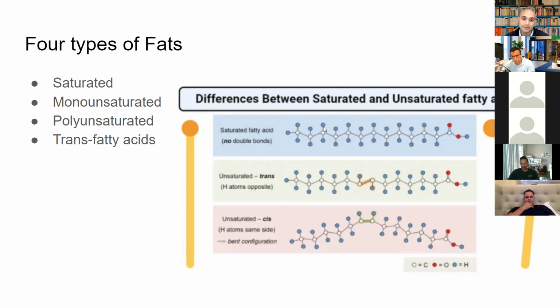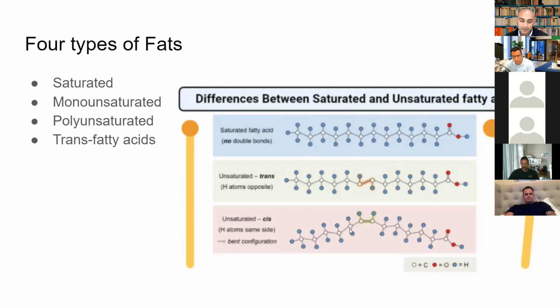As you can see with the saturated fatty acid, all of the carbon atoms have hydrogens associated with them. Whereas with a monounsaturated or polyunsaturated fatty acid, some of the carbon atoms don't have hydrogen atoms associated with them. That's all it really is. And it's been shown that monounsaturated and polyunsaturated oils are much healthier long-term for vascular health.